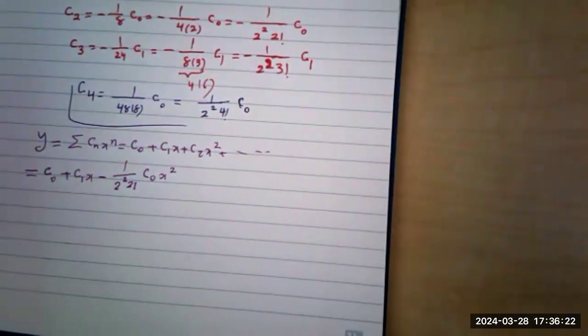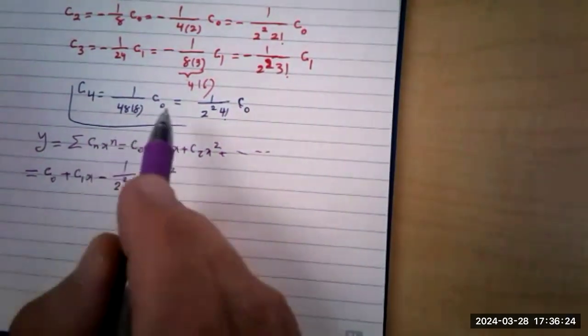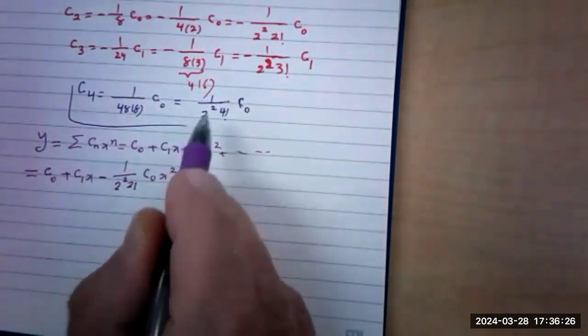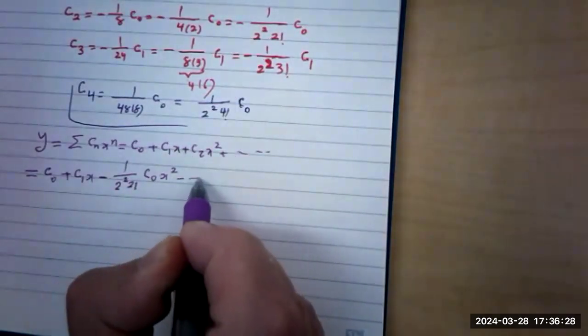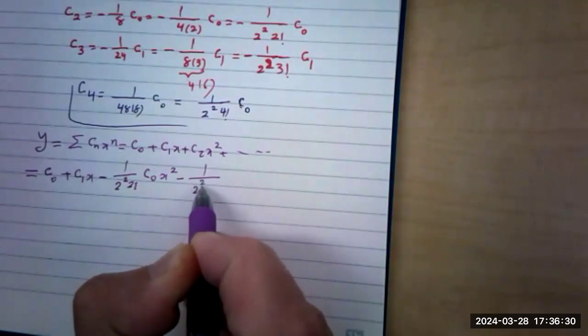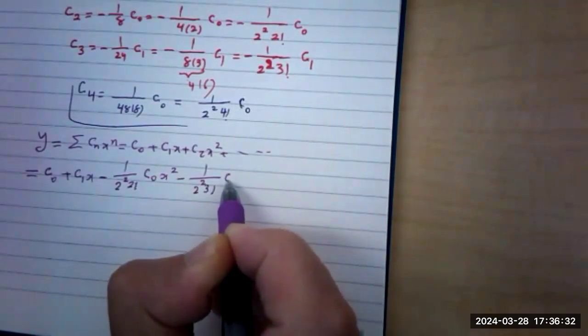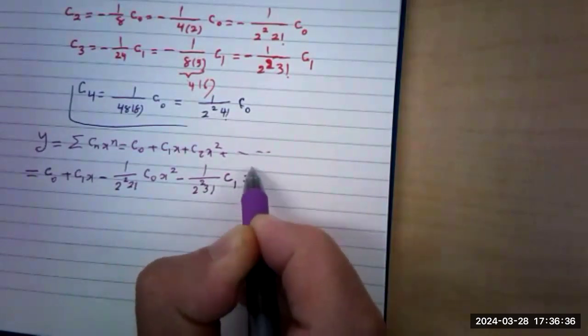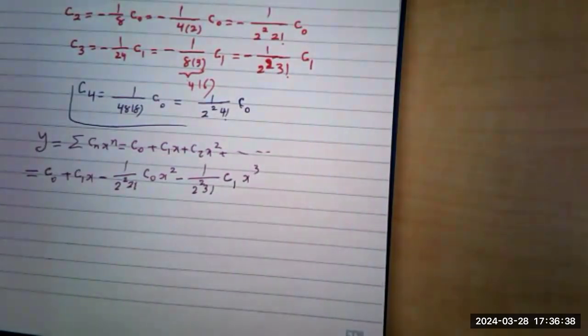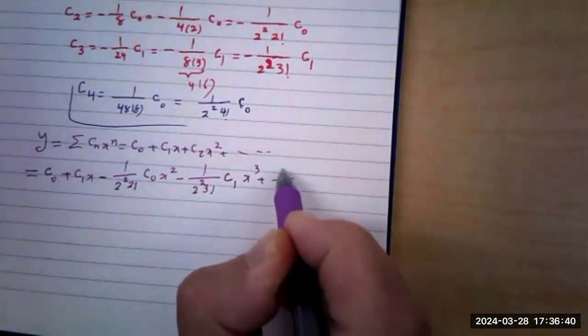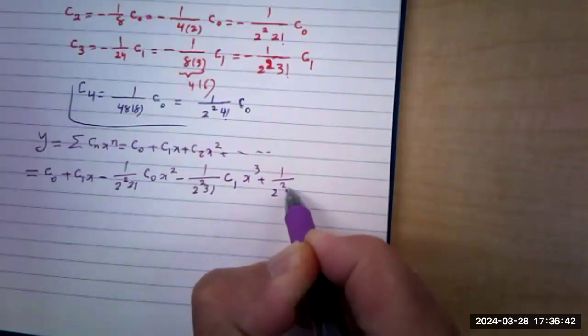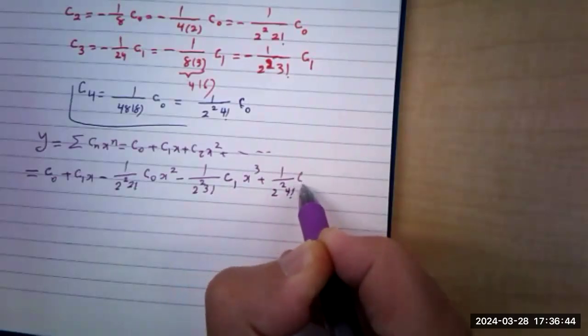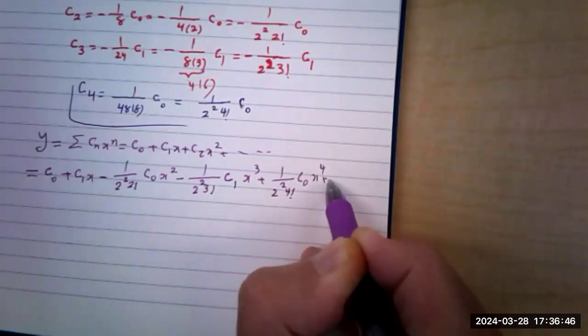For C3, you get the negative 1 over 2 squared, 3 factorial, and C1, that gives x cubed. And for the next one, you have 1 over 2 squared, 4 factorial, C naught x to the 4th, etc.